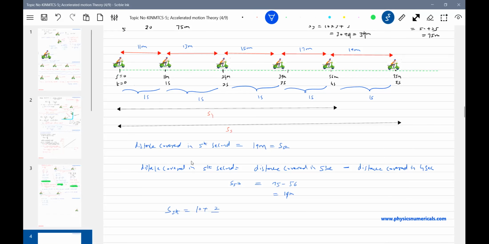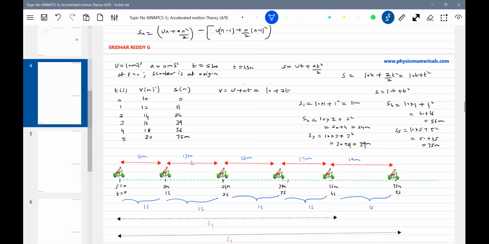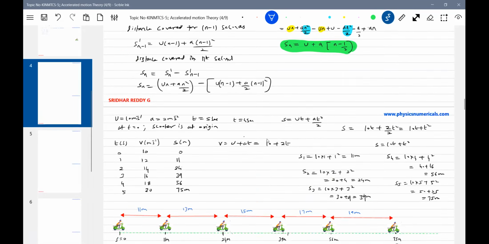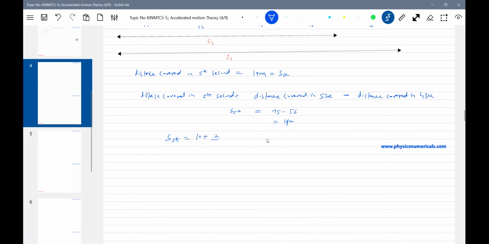Acceleration 2. So what is the formula? U plus a into (2n minus 1) by 2. Let's see what we get. 10 plus 2 into 9 by 2, 19 meter.